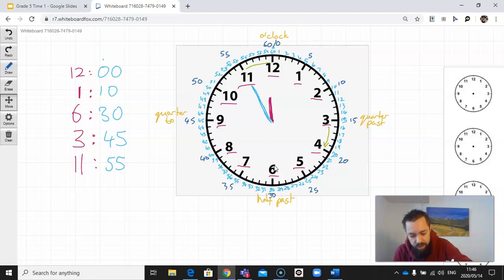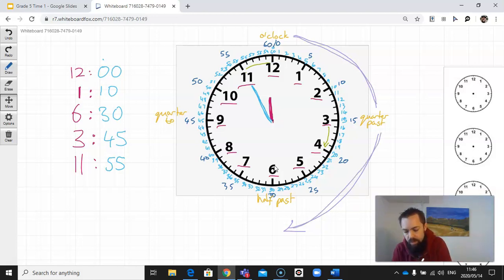So for the first half of the clock, or the river, we talk about how far we are from where we started. So we talk about how far we were from the hour that we were coming from. And then, on the other side, we talk about how far we still have to go. So we go backwards from the hour in front of us.